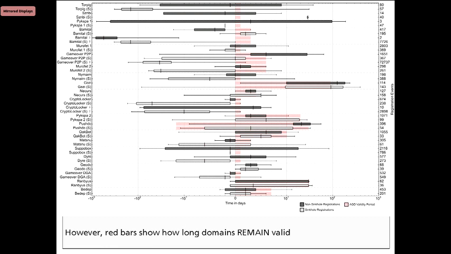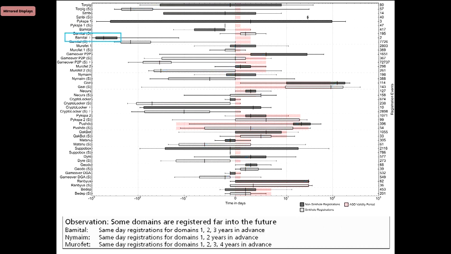The most obvious observation you could make here is that sinkholes are often registered earlier than non-sinkholes because they want to get all the data they possibly can get. We found one very interesting case here because this box was far to the left. As you can see, it's almost 800-900 days before the domains become valid.